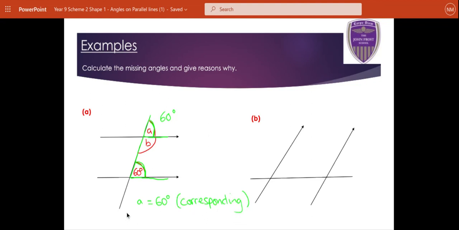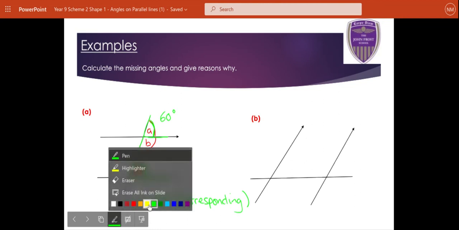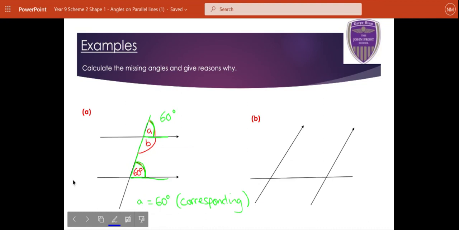Now for B, I'll do it in a slightly different color. When we do the rest of these questions on this topic, it's not always just using the rules that we've just learned in this video. We should also use any other angles that we know. If we have a look at these two angles here on this blue line, A and B, that blue line is a straight line.